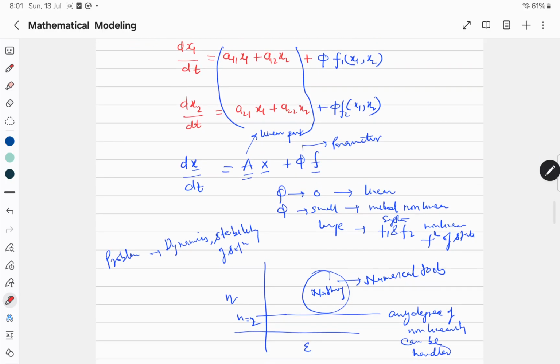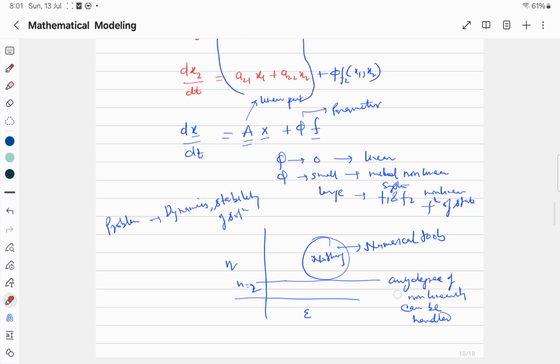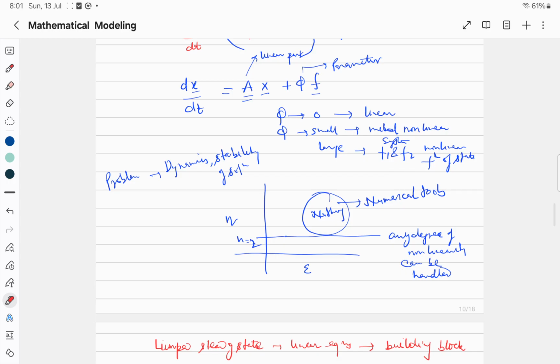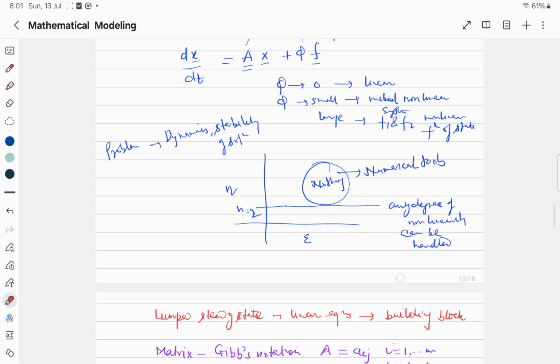So if phi tends to 0, this is linear, and if phi is small, then it is a mildly non-linear system, and if it is large, then the system could be strongly non-linear. Often in the problems you have to solve for a dynamic system, you have to discuss the stability of the solution.